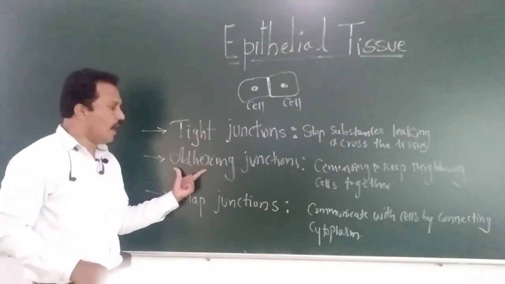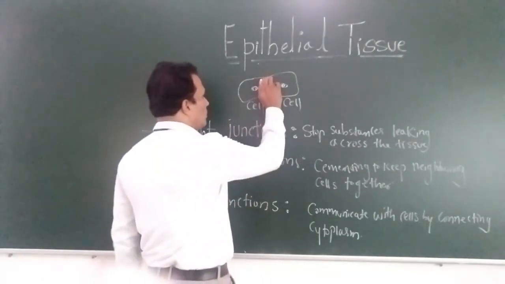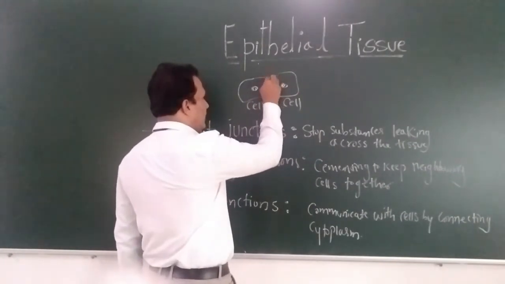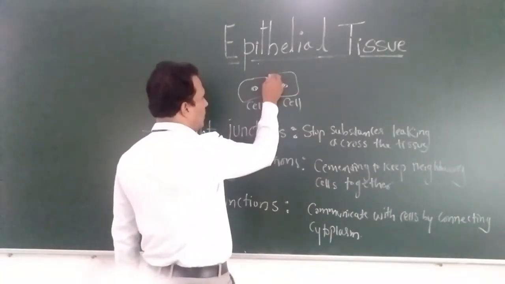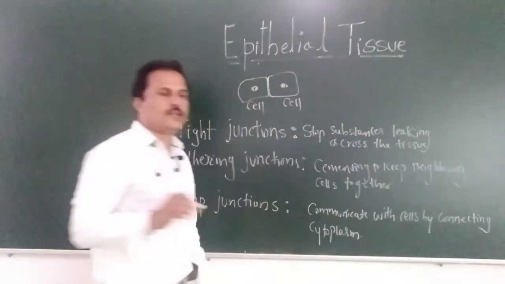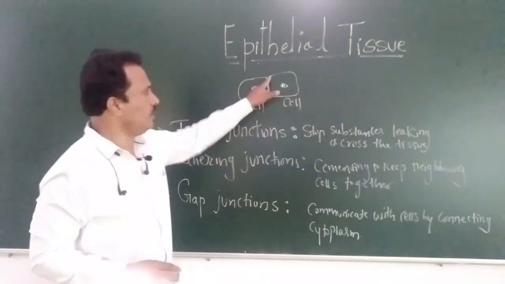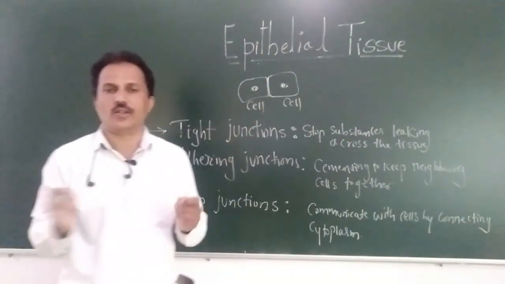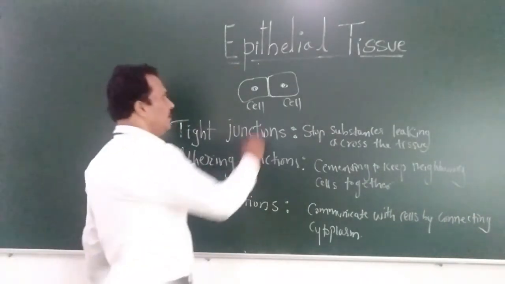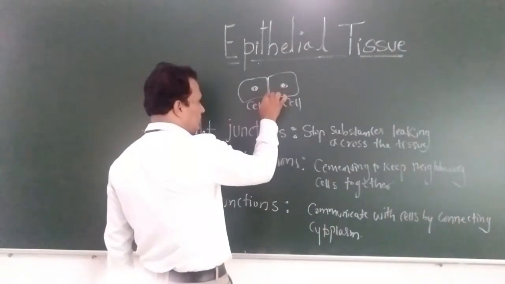Next type, adhering junctions. These two cells are joined with each other in such a way that this junction is filled with some sort of cementing substance. Two cells are connected by cementing the gap between them.